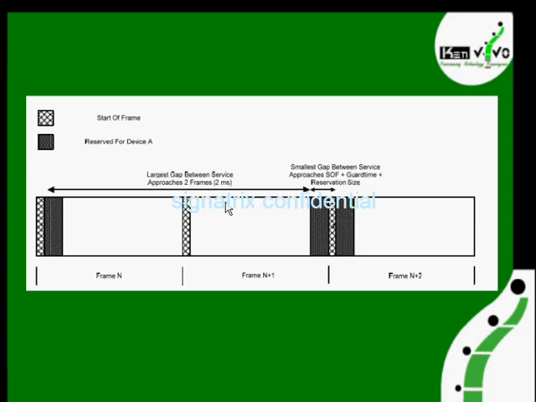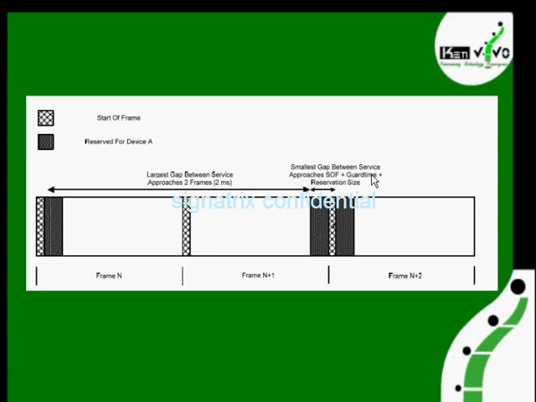Now what they are telling here is that the largest gap between the service approaches 2 frames. We know that in full speed the length of one frame is 1 millisecond, so 2 frames is equal to 2 millisecond, and it has approached 2 millisecond here.